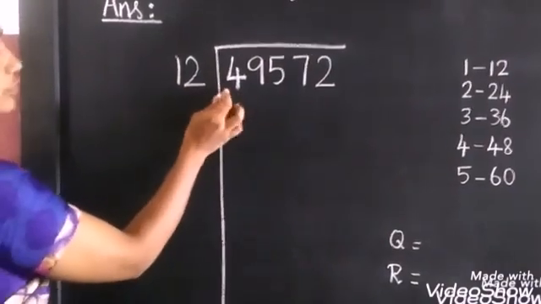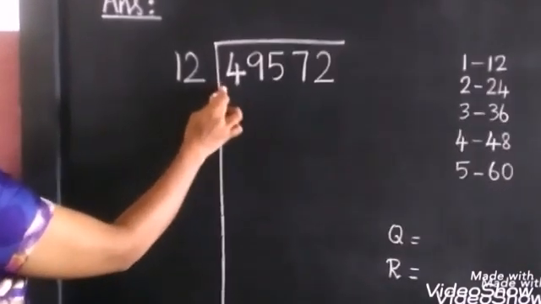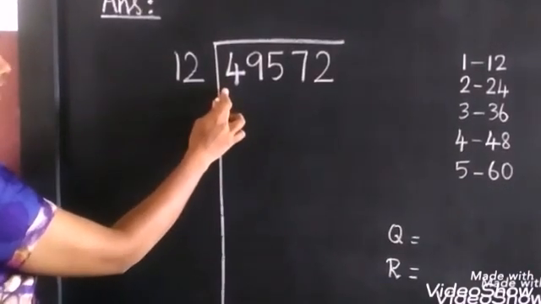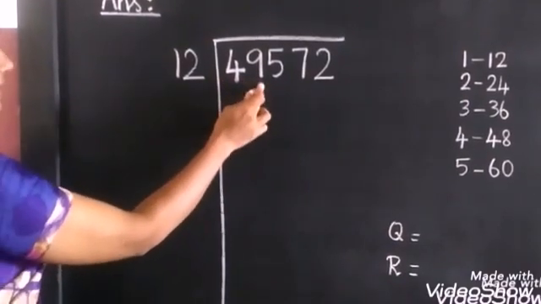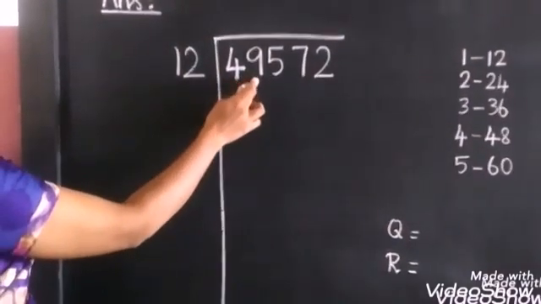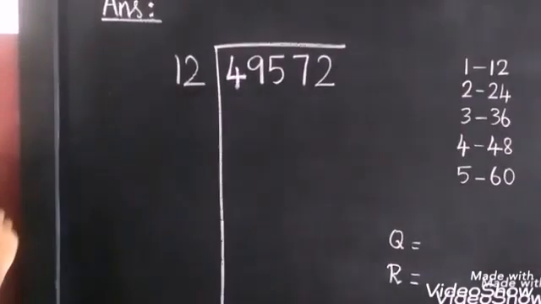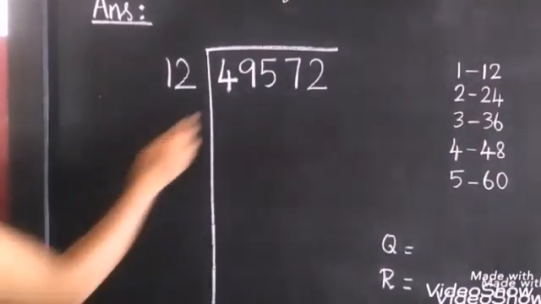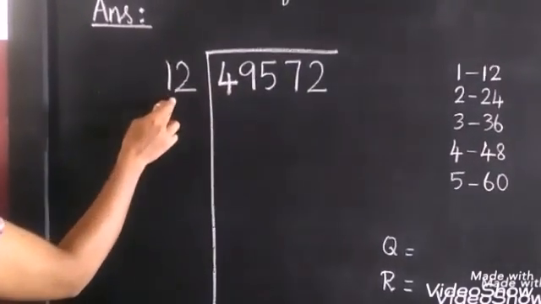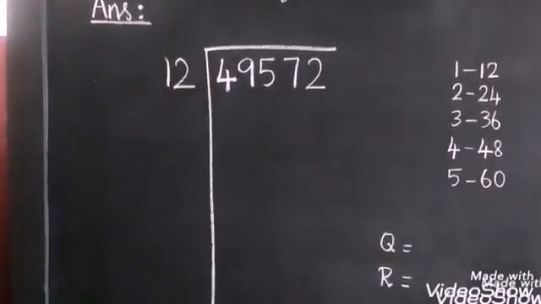What do we have in the first 2 places? Yes, 49. Is 49 smaller or greater than 12? Yes, 49 is greater than 12, so we can divide 49 by the 12 table.